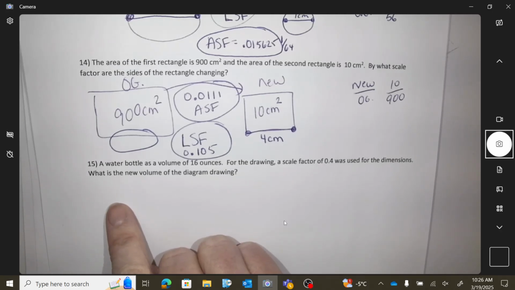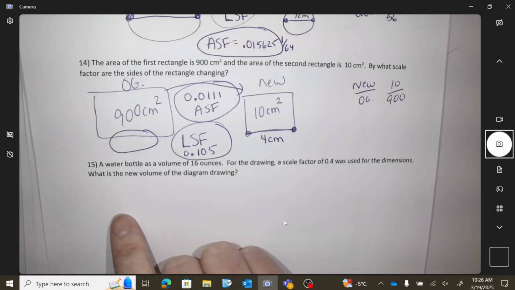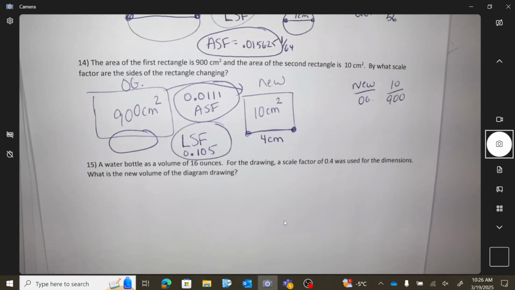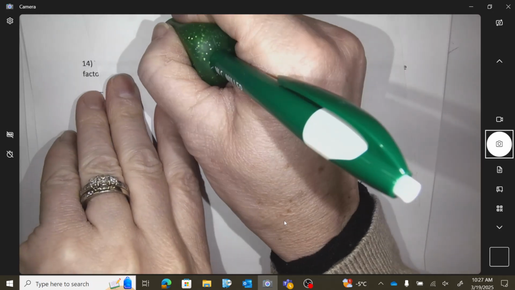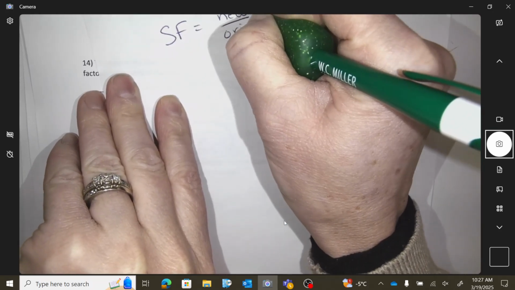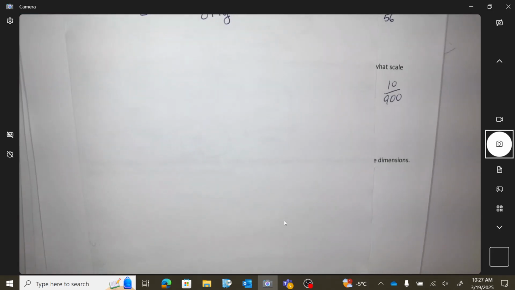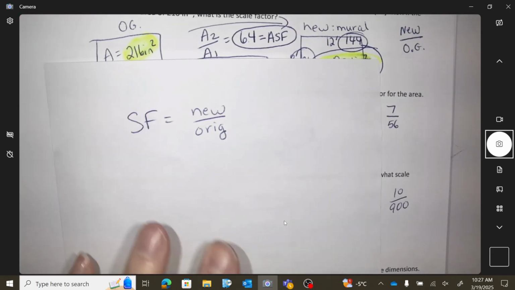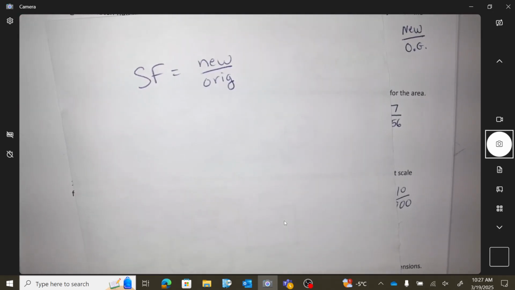Okay, so now I want to throw this on your cheat sheet. This would be something good to add. So this is something that I'm going to have on my cheat sheet.